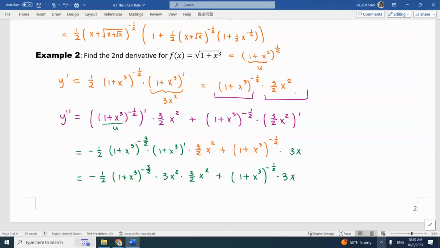So you can leave your answer like this. Okay, it's okay to not simplify. But if you want to simplify, totally okay. So you can combine them and you get minus 9 over 4x to the 4. Okay, so up to you. If you want to combine them, you get negative 9 over 4x to the 4.